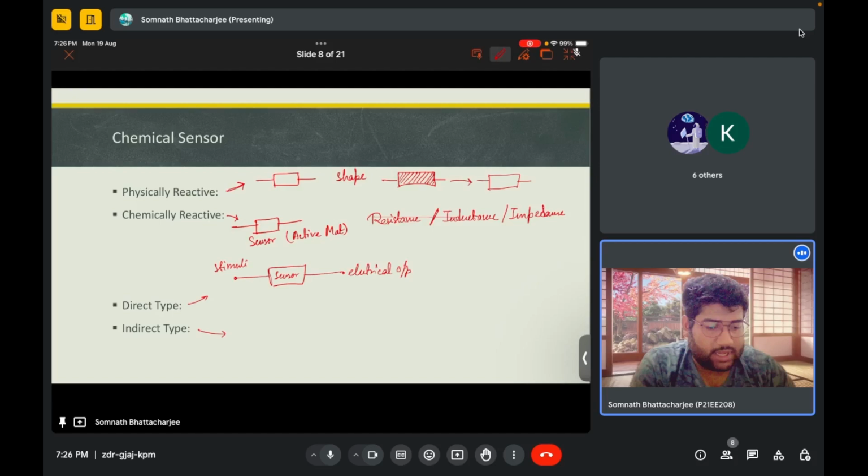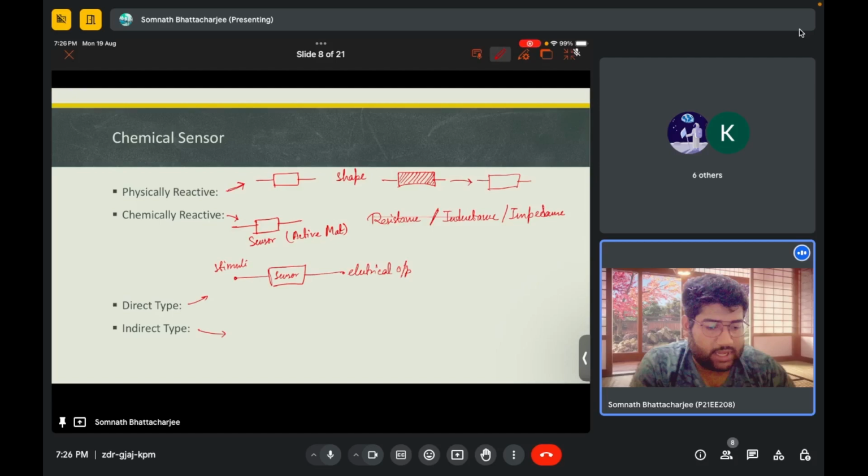In the case of potentiometric sensors, there is a change in electrical potential. Let's complete the sentence and then we'll talk about it.